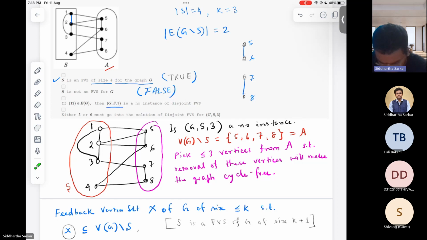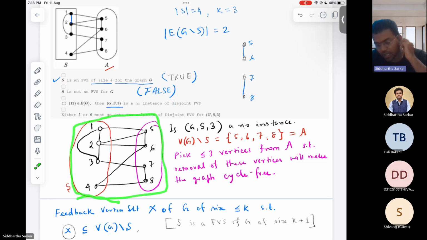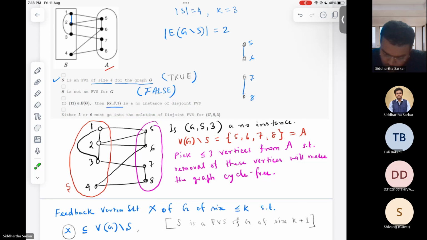Now you are making this inquiry. You are asked, does there exist a feedback vertex set for the entire graph, not only for G minus S? Does there exist a feedback vertex set for the entire graph of size at most 3, such that this feedback vertex set has been picked from G minus S only?